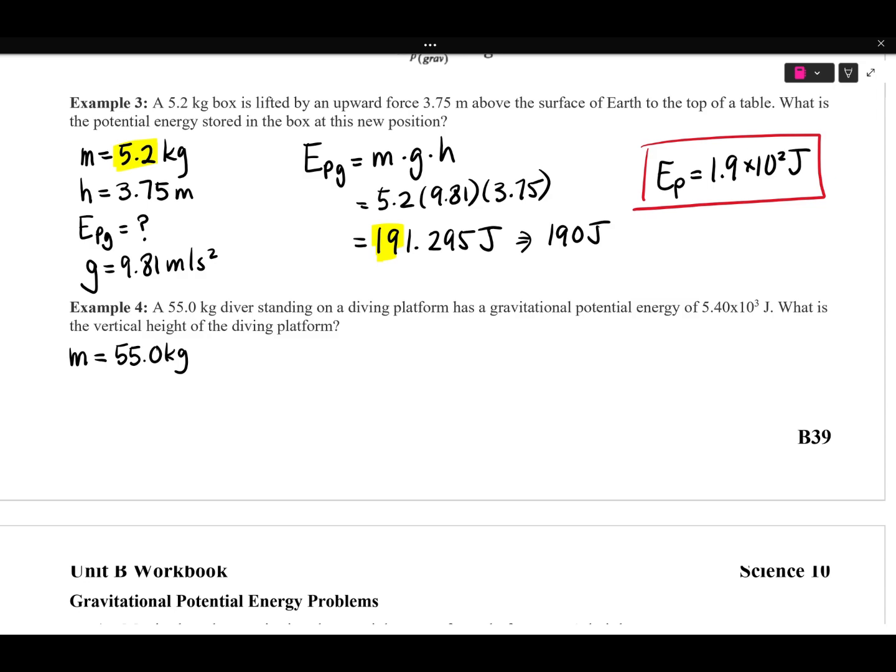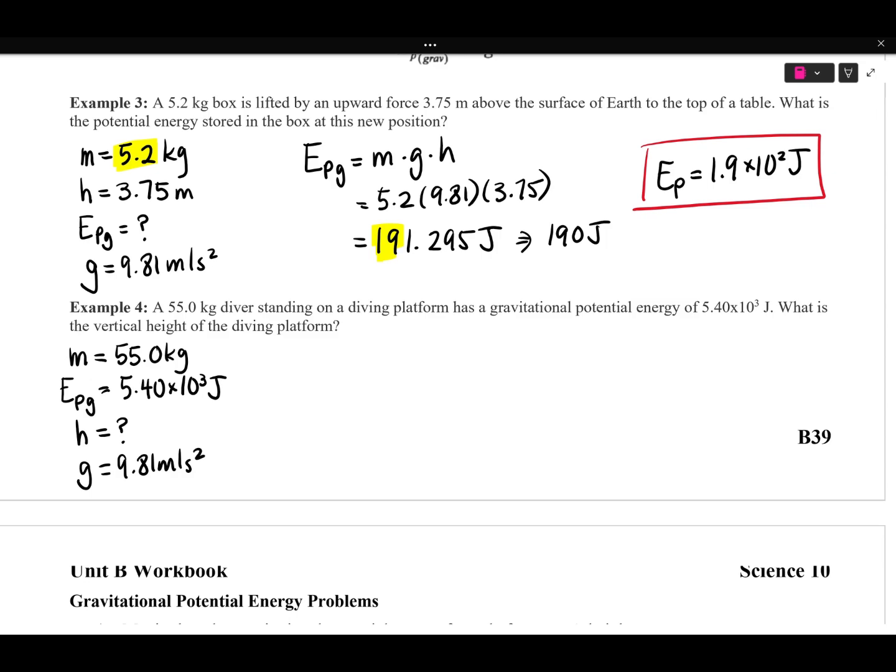So we have the mass, and they're giving us now gravitational potential energy, 5.40 times 10 to the 3 joules. They want us to solve for height. So remember, G on Earth is 9.81 meters per second squared.